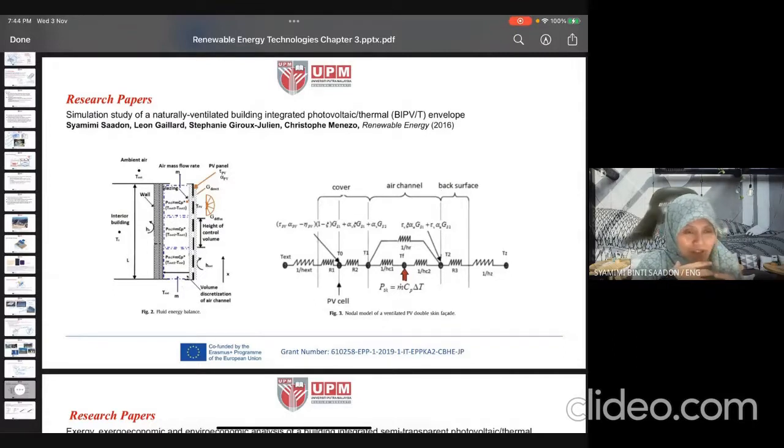Especially to study renewable energy technology other than solar energy, geothermal, even ORC, the organic Rankine cycle I mentioned just now.